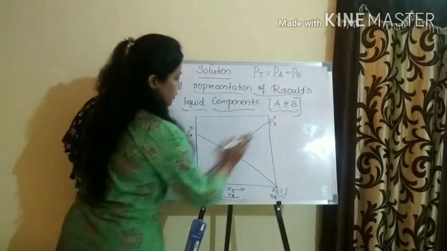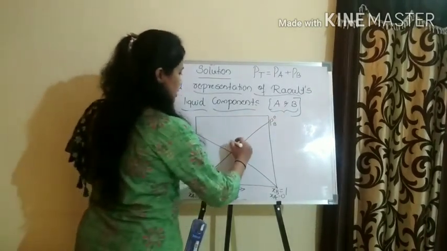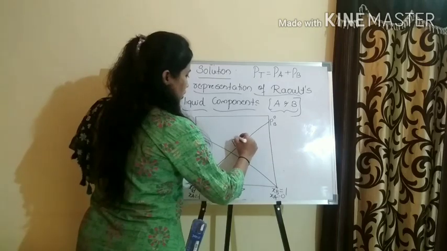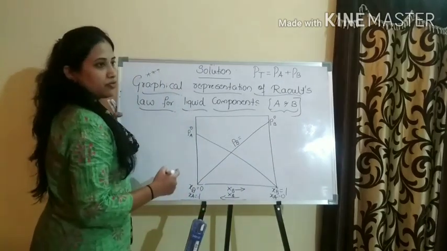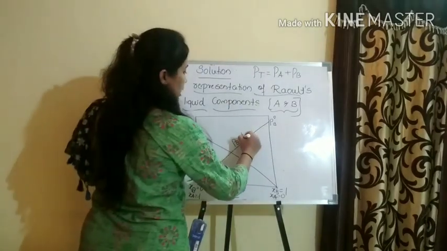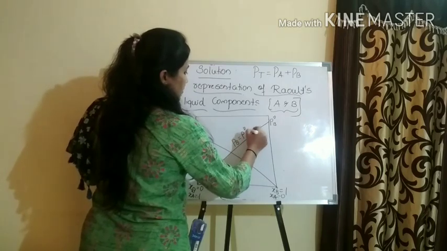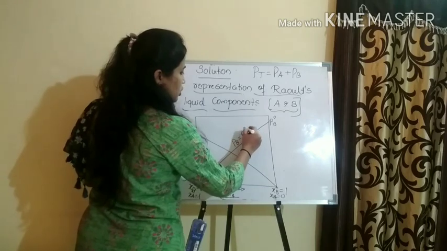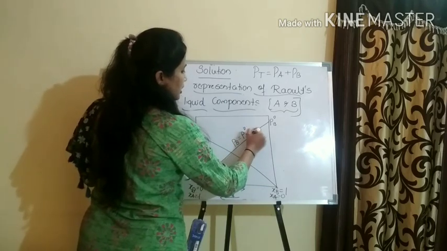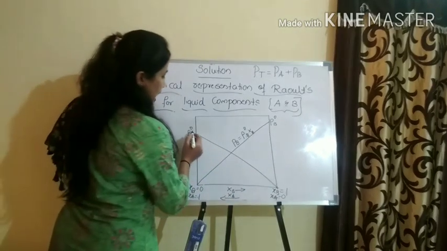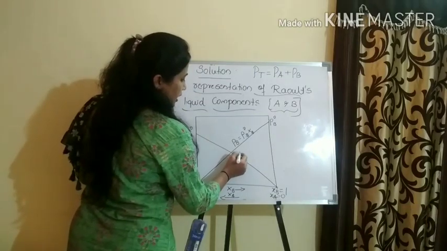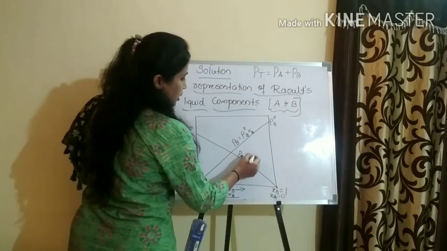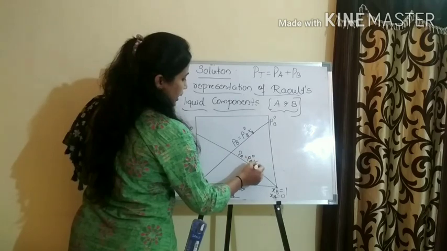This line represents PB: the partial pressure of B is obtained by the product of the vapor pressure of pure component B and its mole fraction. Similarly, PA is equal to P naught A into XA.